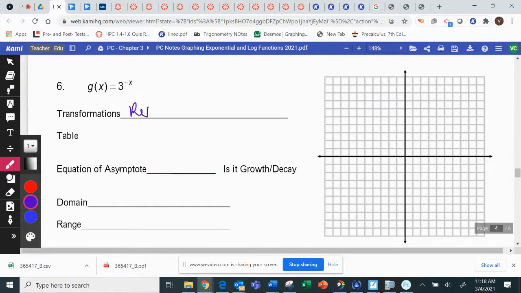All right, transformation. There's going to be a reflection in the y-axis for this one. And so my reflection is going to multiply by -1 on the x side, which does not change my asymptote.